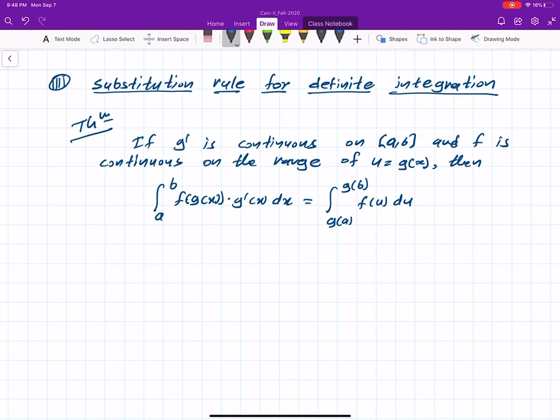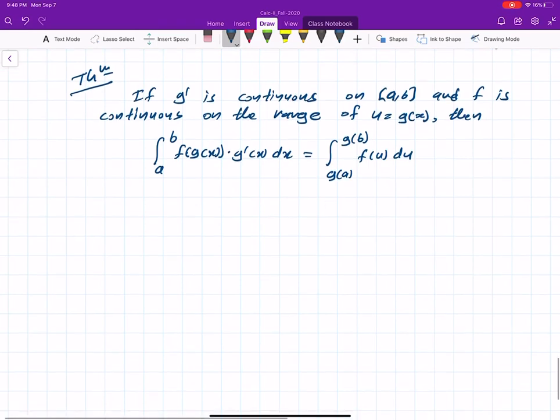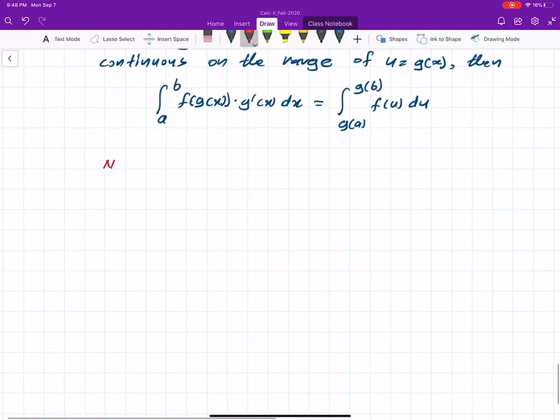Alright, so keep that in mind, this is definite integration, so you don't get the constant c. Okay, let me write that as a note. Note that what I want to say is this is definite integration.